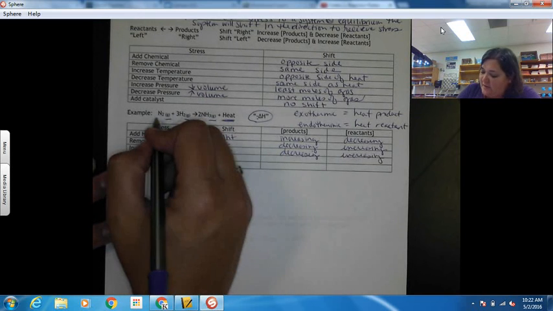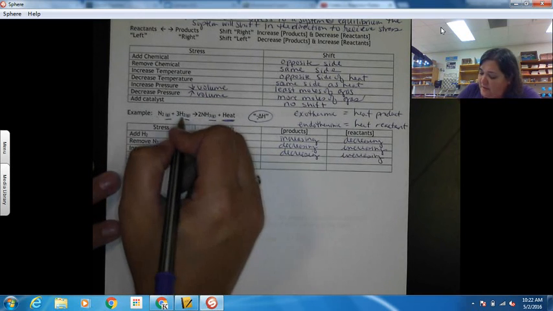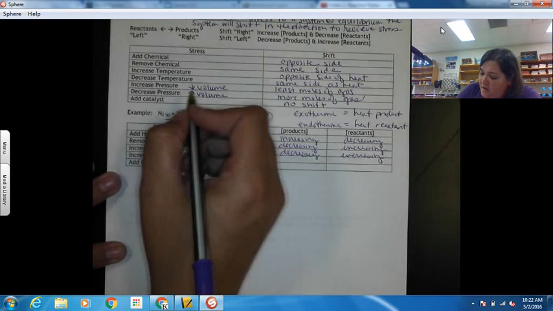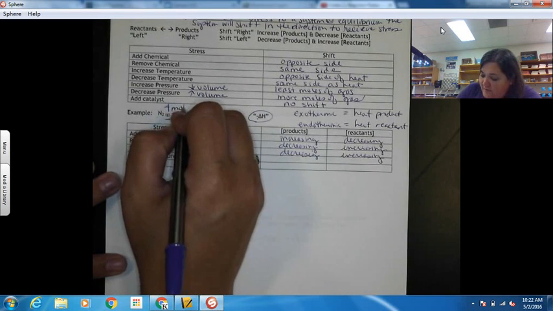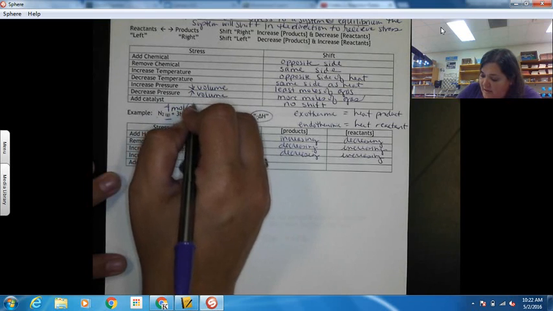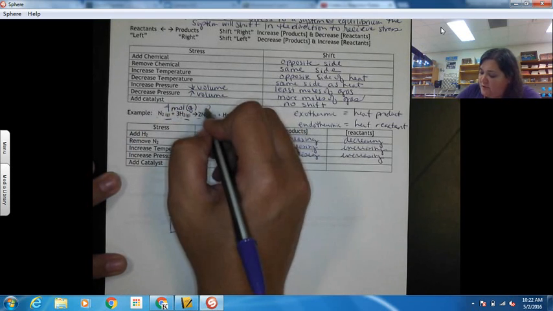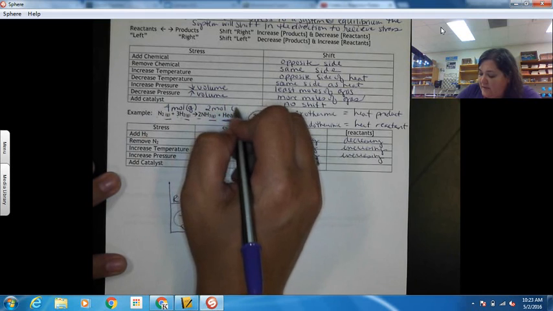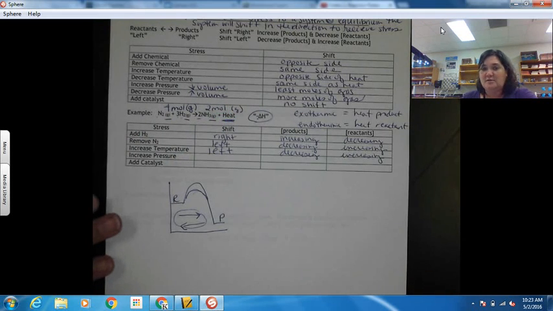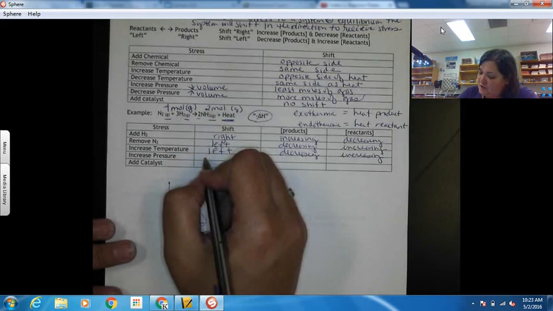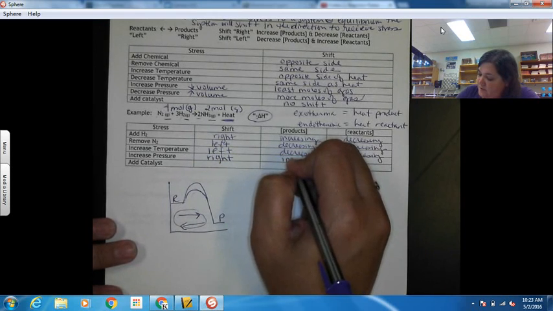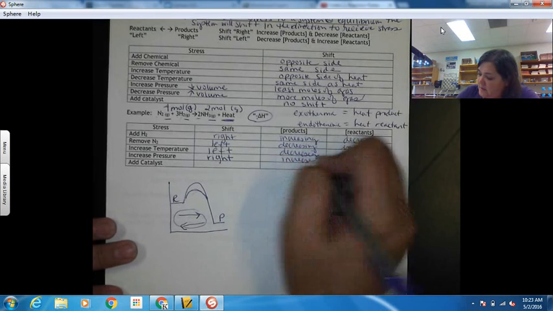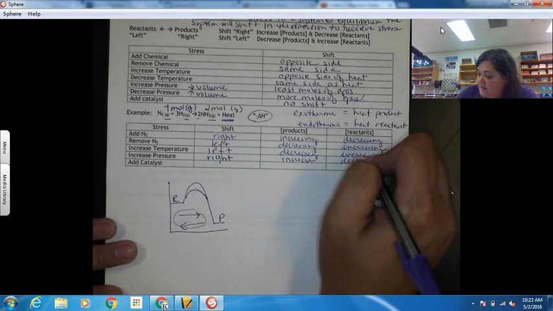Here I have 1 mole of N2 gas and 3 moles of H2 gas, so that means I have 4 moles of gas on this side. And over here, we have 2 moles of gas on the product side. So I'm going to go to the side with the least moles, so I'm going to shift to the right. And that's going to increase our products and decrease our reactants.